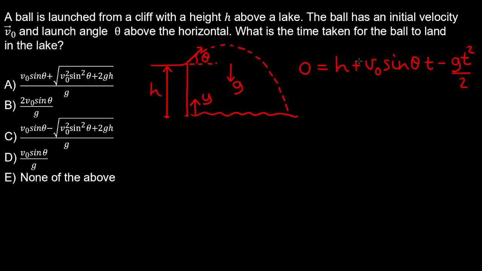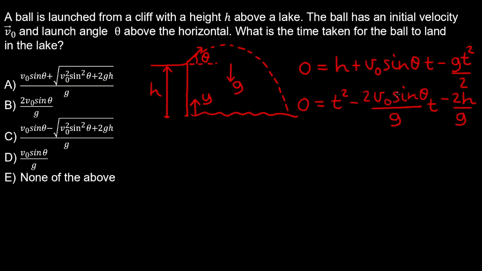So doing a bit of algebra, we can multiply through by negative 2 on g. So we have 0 is t squared minus 2v0 sine theta on g multiply by t minus 2h on g.